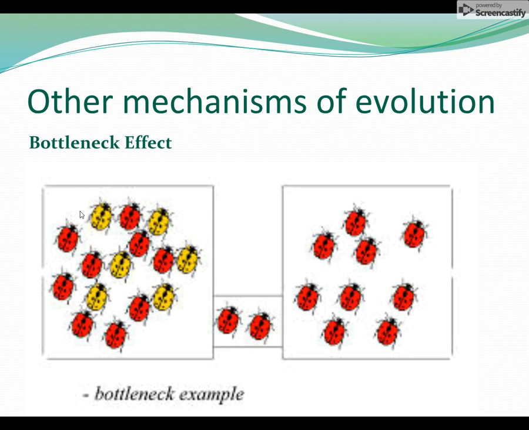We have a population, something catastrophic happens to that population where we drop down to just a few survivors, and those few survivors have to reestablish the population. And when they do that, that population now looks exclusively like the survivors. And because of that, we've lost some genetic variety in the population.